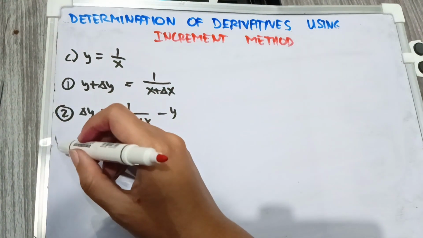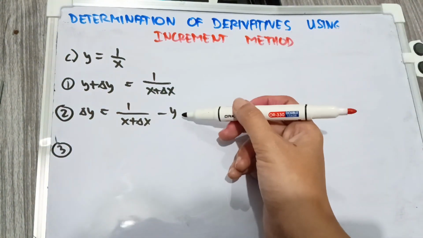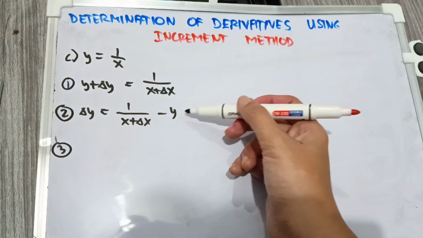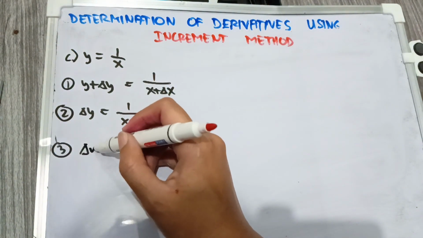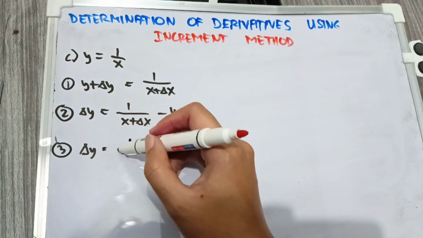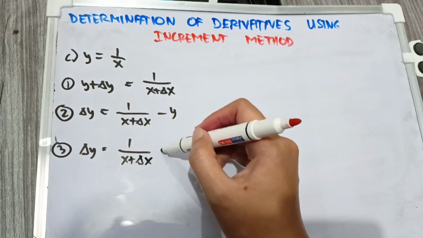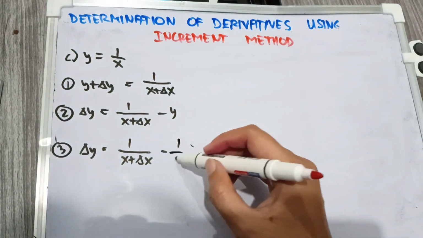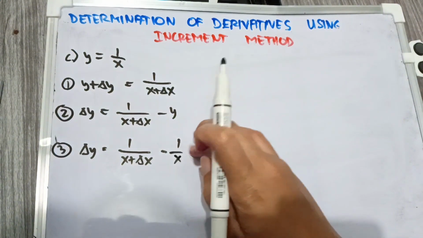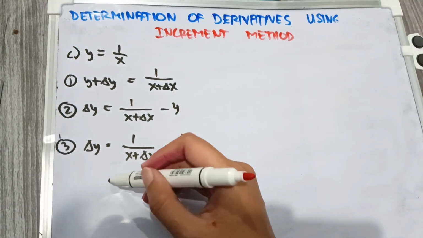Okay? In step 3, let's substitute y with its value. So that will be delta y is equals to 1 all over x plus delta x minus 1 over x. Now let's get its LCD.